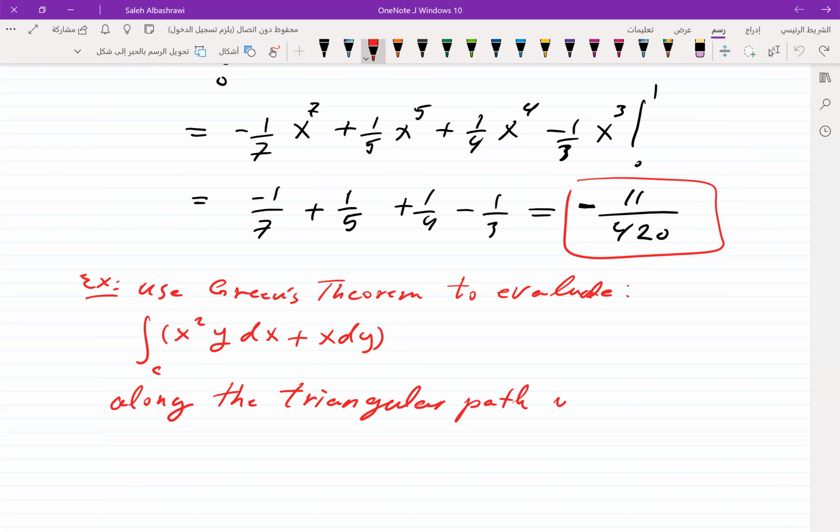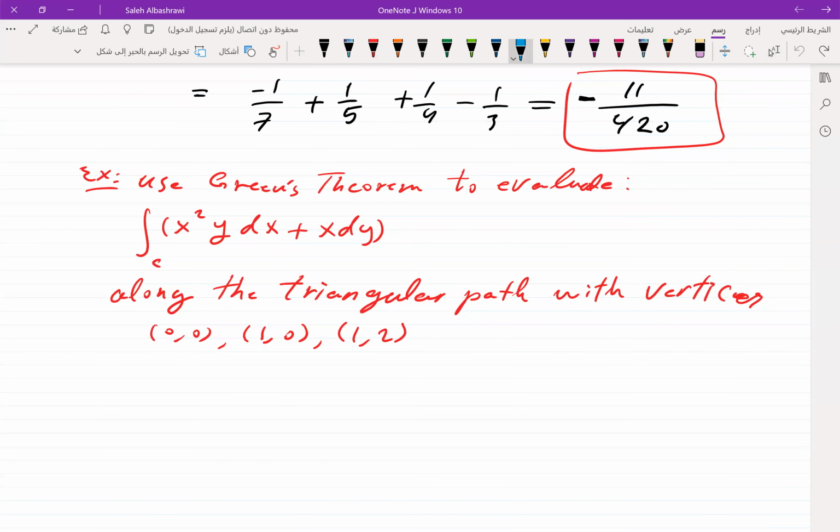The vertices are 0, 0, 1, 0, and 1, 2. So the curve C is given by the triangle: 0, 0, 1, 0, and 1, 2.